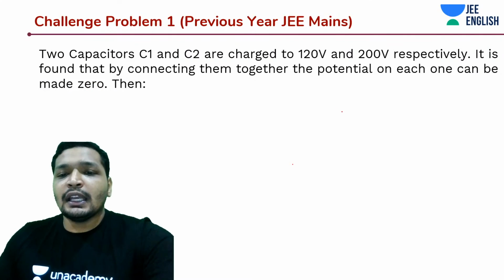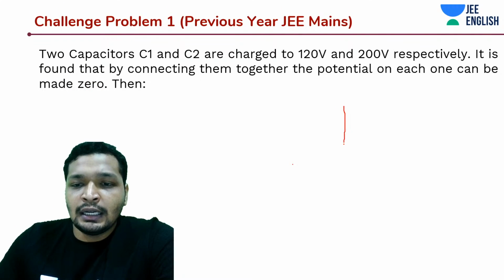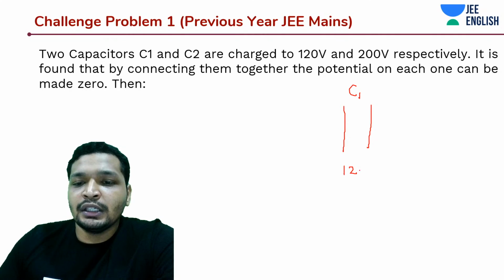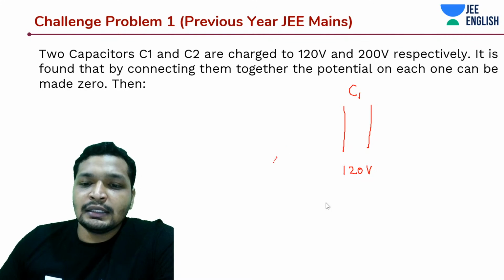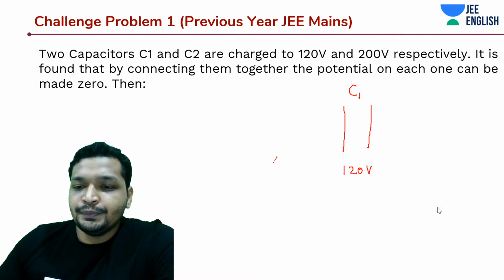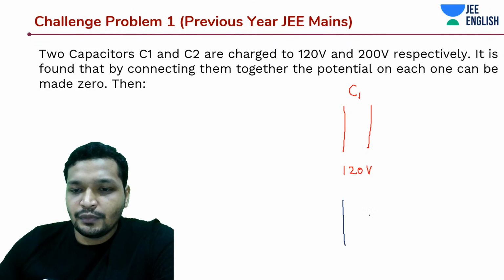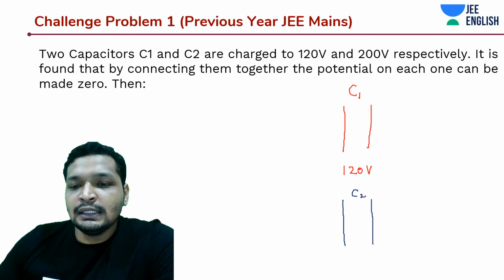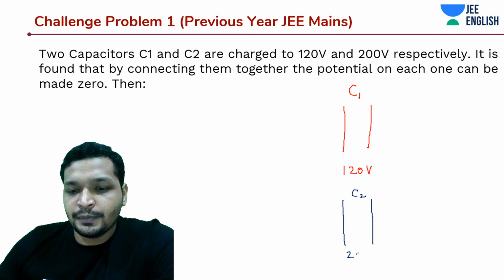Let's say you have 2 plates, and this is C1, charged to 120 volts. And let's say you have C2, and this C2 is charged to 200 volts.